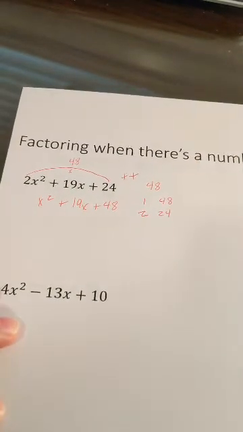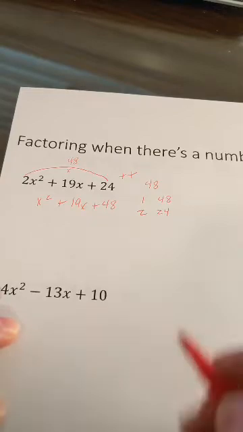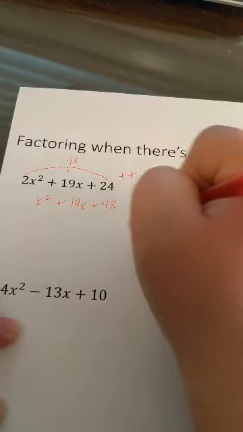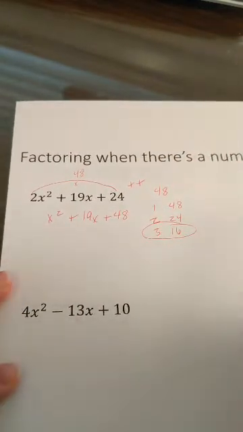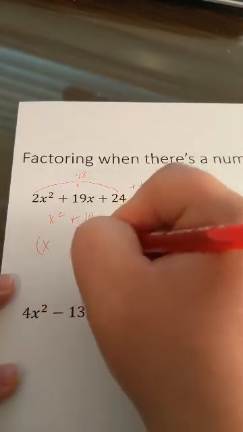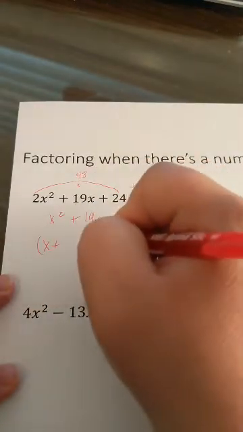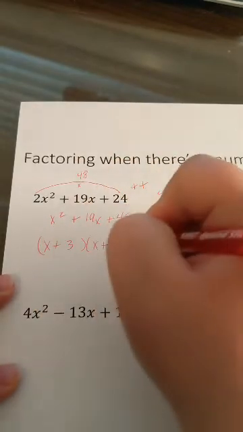3. 48 divided by 3 is 16. 3 and 16. So these actually will add to 19. So we'll go ahead and just stop right there. So then we have x plus, and then 3 and 16.